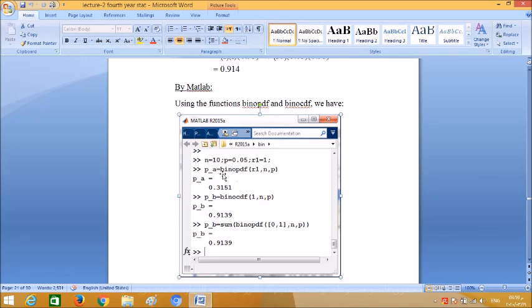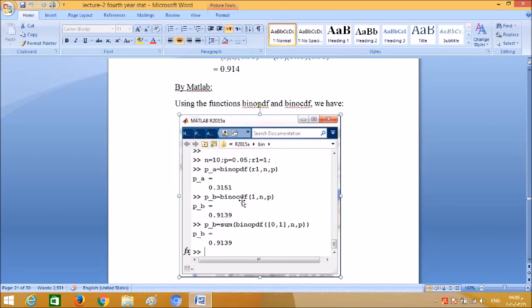So the first probability is computed as binopdf of R1, N and P equal 0.315. The second, binocdf, 1 here means at most 1, or 0 and 1, okay? N and P equal 0.9139.